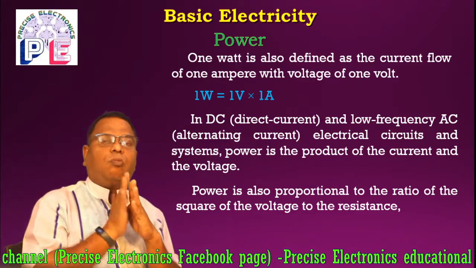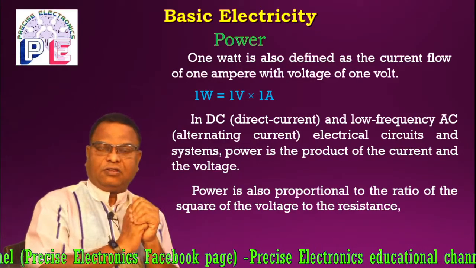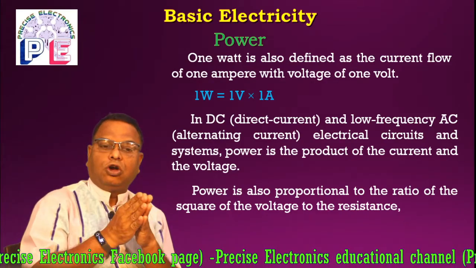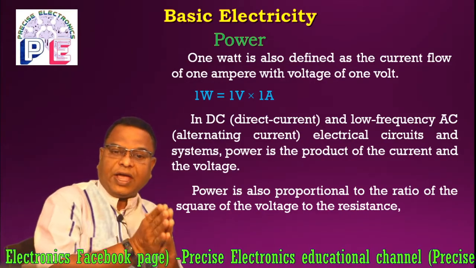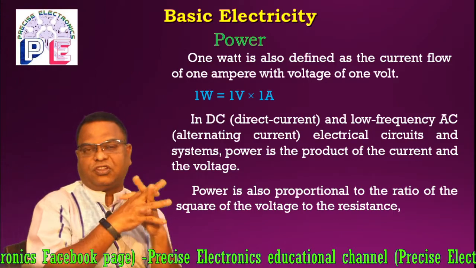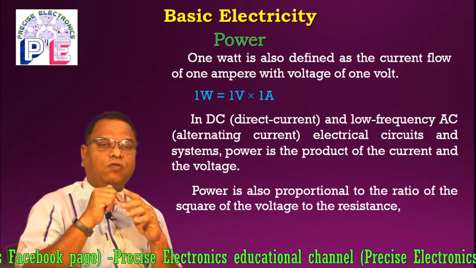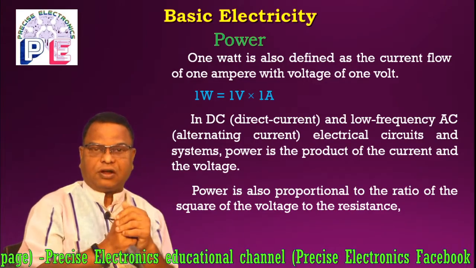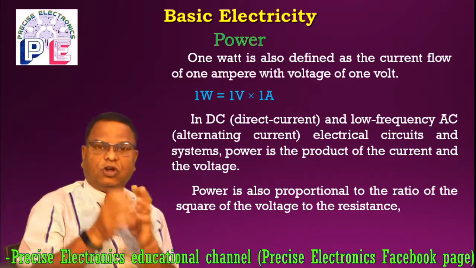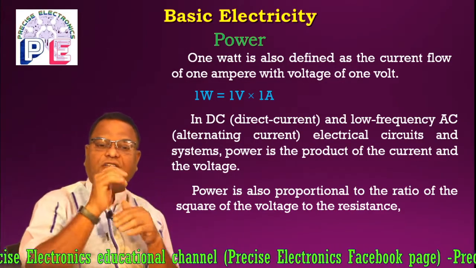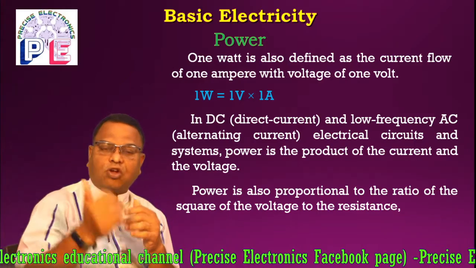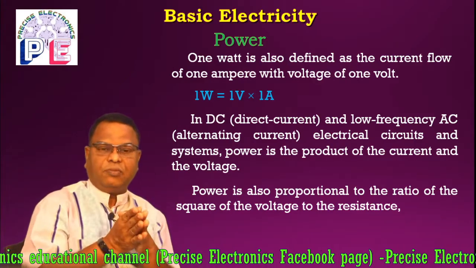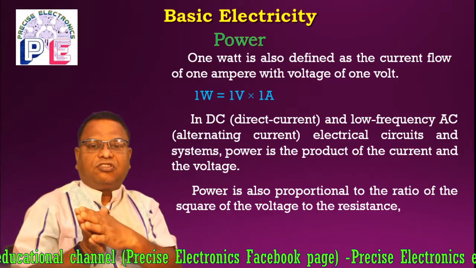Power is also proportional to the ratio of the square of the voltage to the resistance, that is V² upon R, or E² upon R. So it is the ratio of the square of the voltage applied to the system and the resistance of that system.